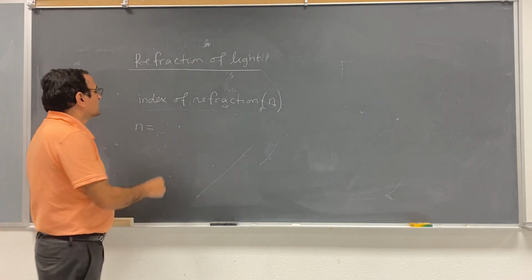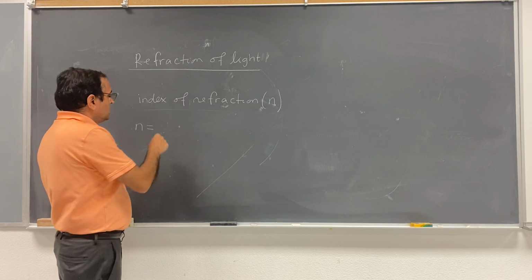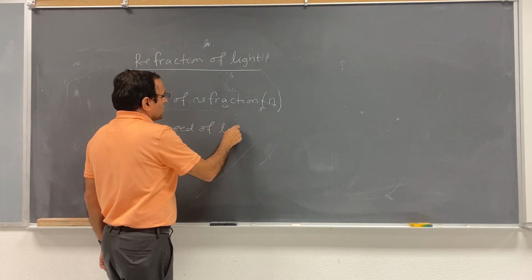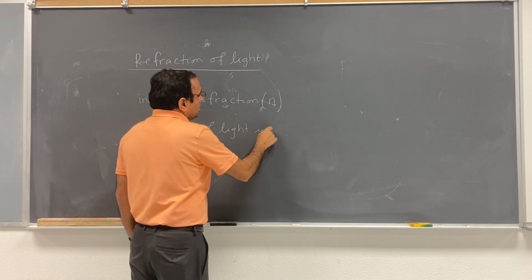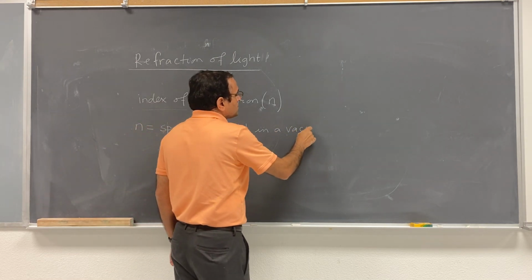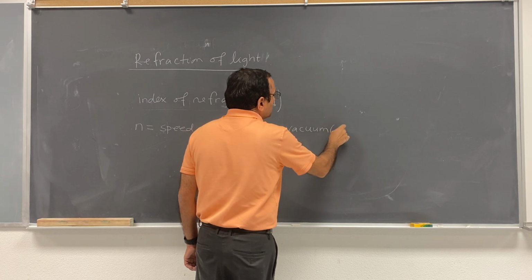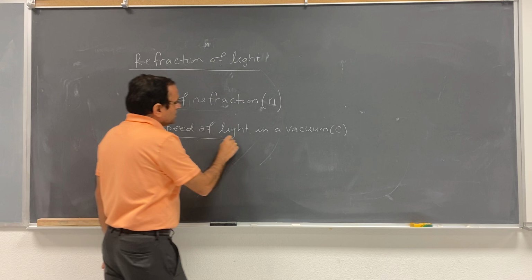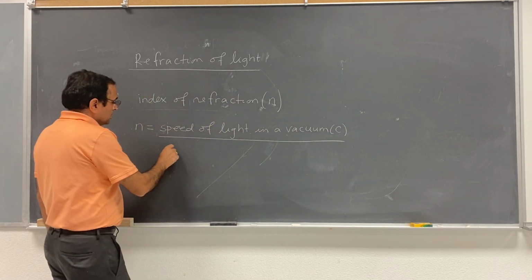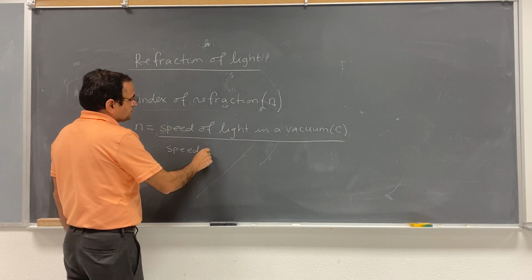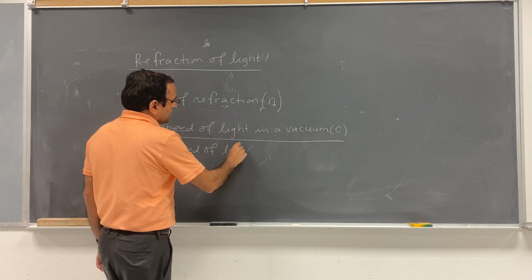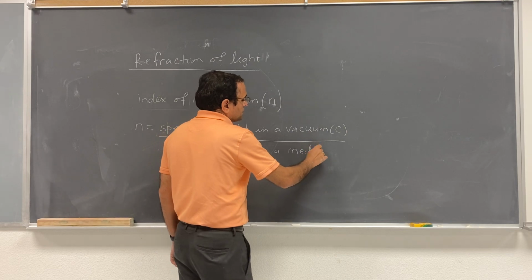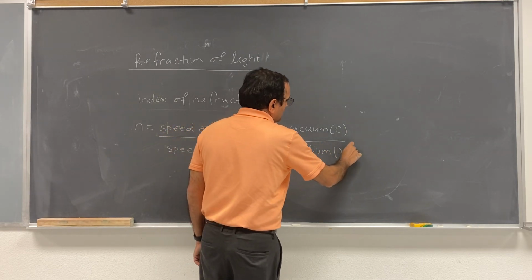Index of refraction is the ratio of the speed of light in a vacuum, which we simply represent by little c, divided by the speed of light in a medium, little v.